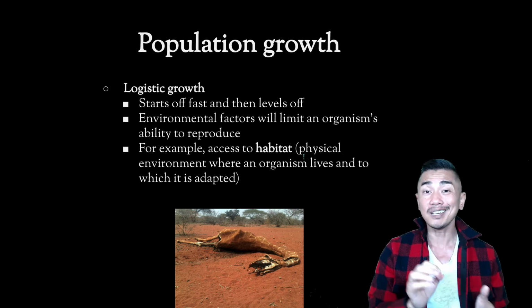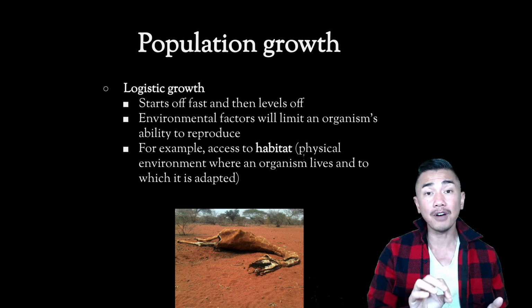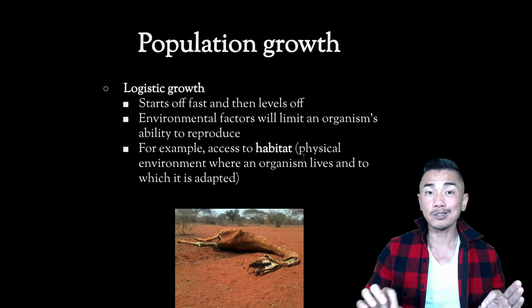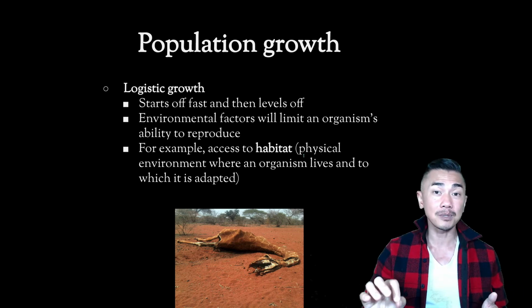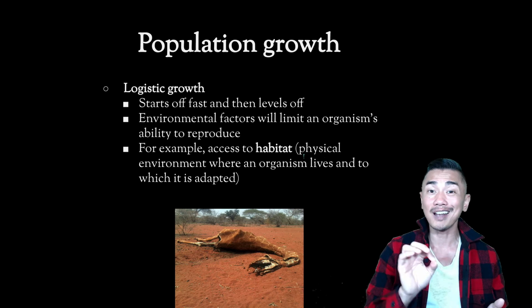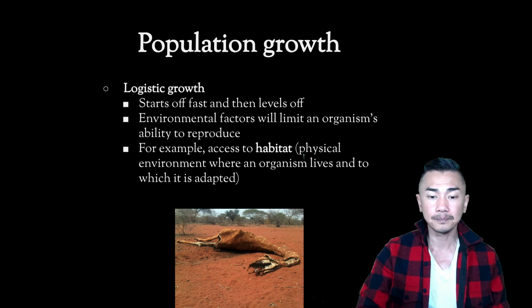One example is access to habitat. Habitat is the physical environment where an organism lives and to which it's adapted. Once a population gets too big, habitat may run out, forcing organisms to live elsewhere where they are not well adapted to or to compete with one another.